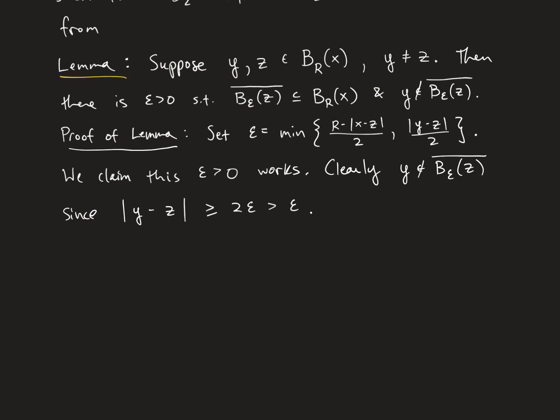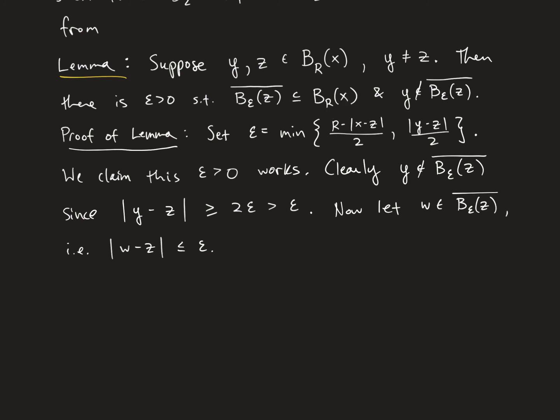So now let w be in the closed ball of radius epsilon around z. In other words, the distance between w and z is less than or equal to epsilon. Then we just want to know that w is in the open r ball around x.